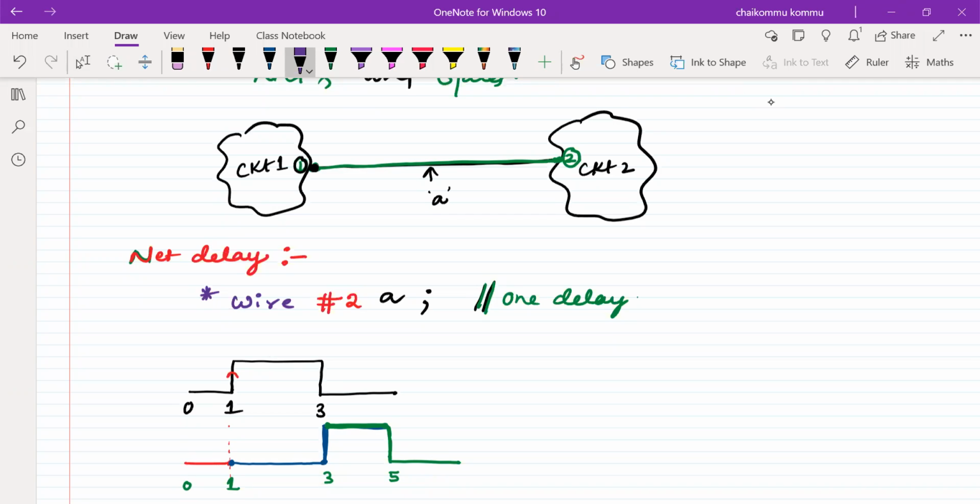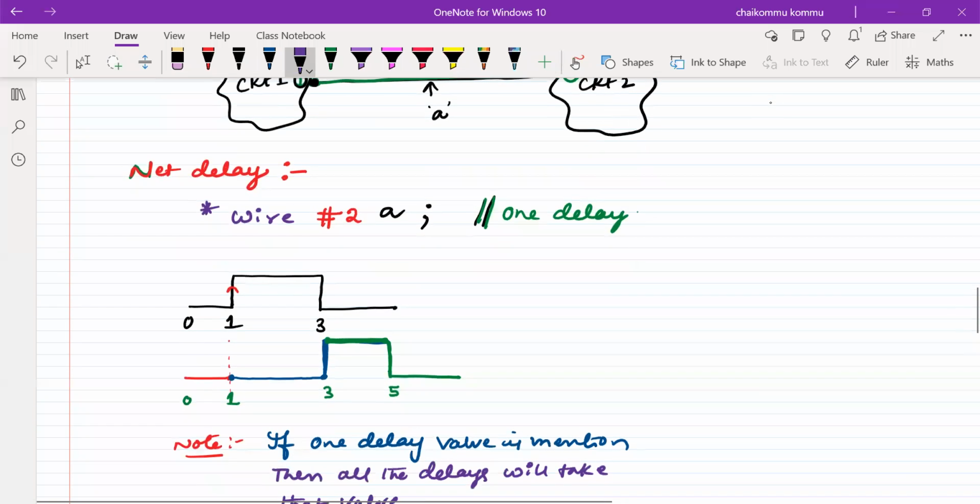What type of delay does it take, whether rise delay, fall delay, or turn-off delay? If you are giving only one delay, this value can be the minimum, the rise delay, the maximum, the fall delay, or the turn-off delay.